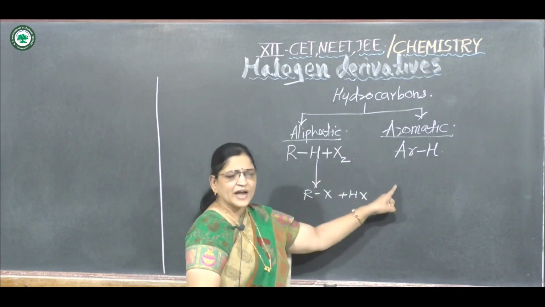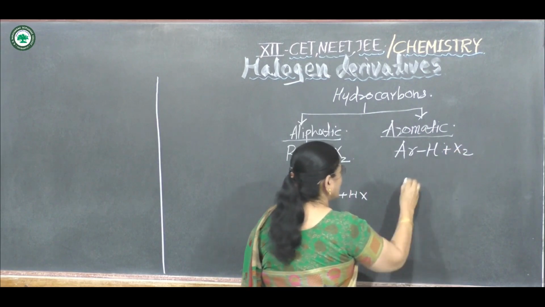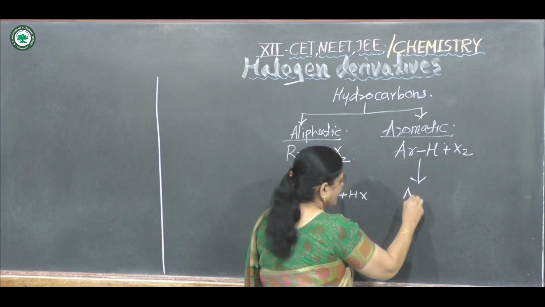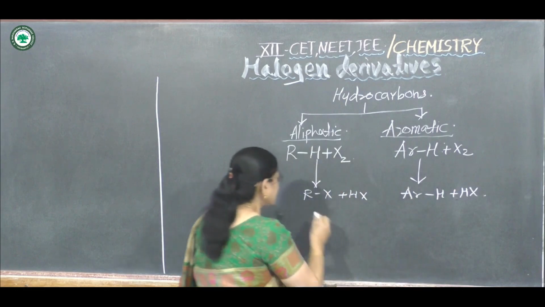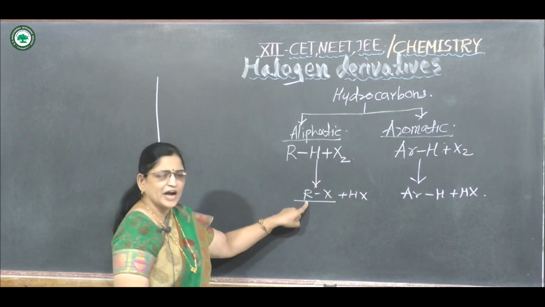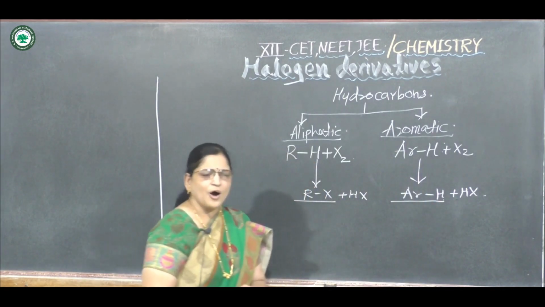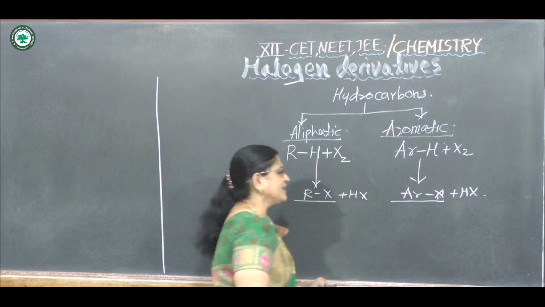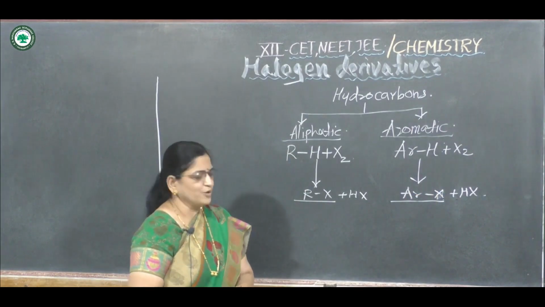And aromatic hydrocarbon, if it reacts with a halogen molecule, gives aryl halide, ArX, plus HX. These are called halogen derivatives of aliphatic compounds, and these are called halogen derivatives of aromatic hydrocarbons.